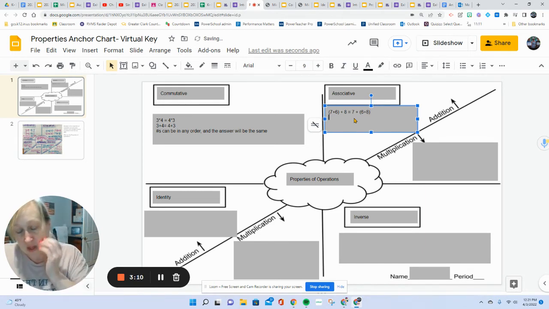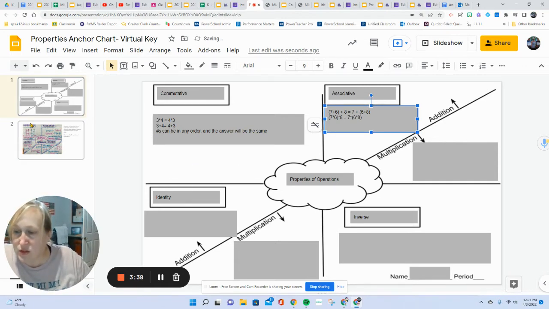That works with multiplication as well. I want to make sure they have the same numbers. So they have 7 times 6 in the parentheses, and then times 8 will equal 7 outside of the parentheses times 6 times 8. That is an 8.